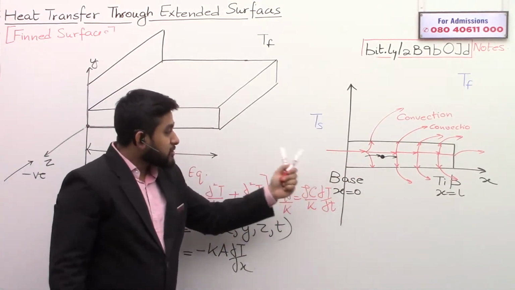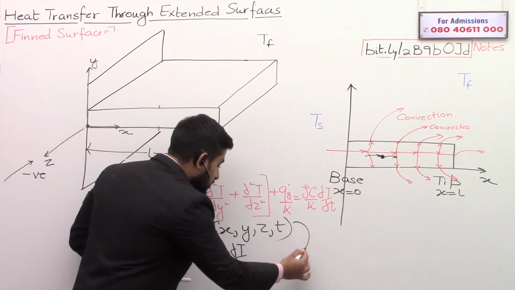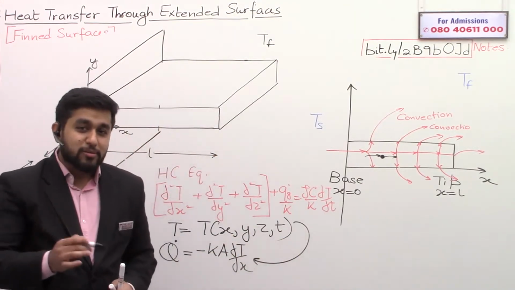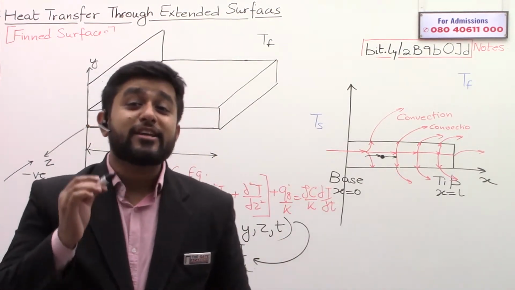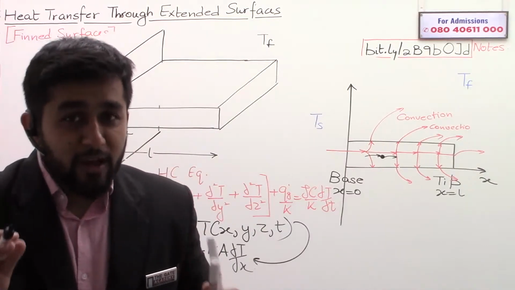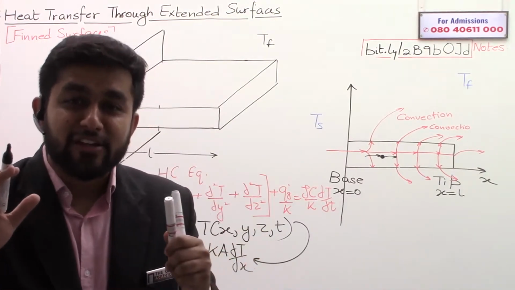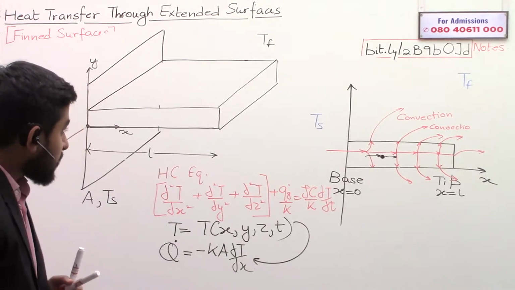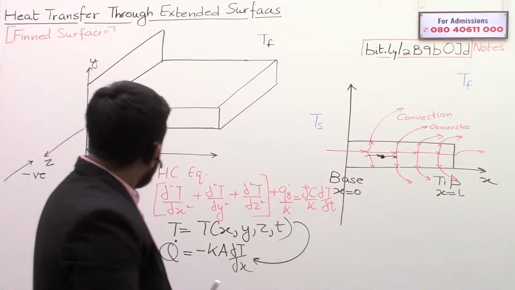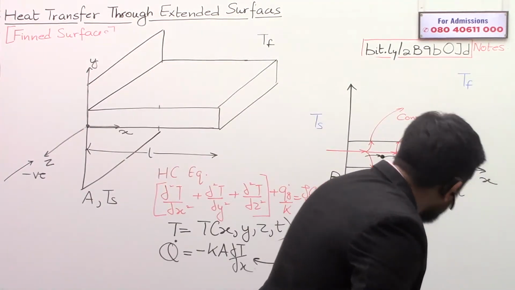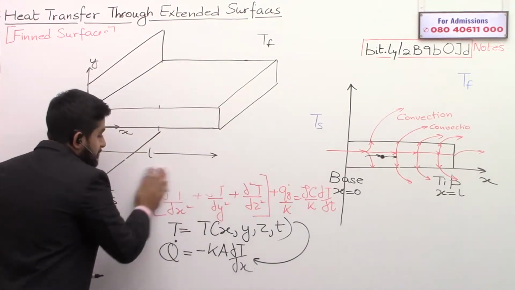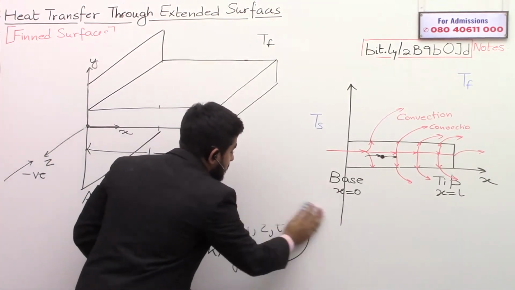Now, once I get temperature in the material, I will substitute it here. And once you substitute it over here, you will get the heat conduction rate. So from here, we are going to find out the heat convection rate as well. Okay, so I think we should start now. So let us see what are the assumptions of our analysis.